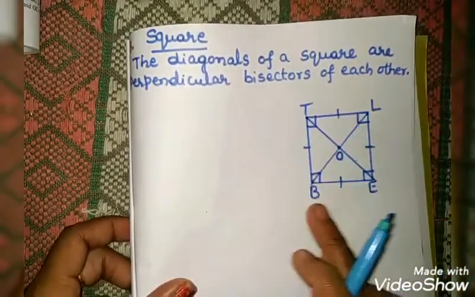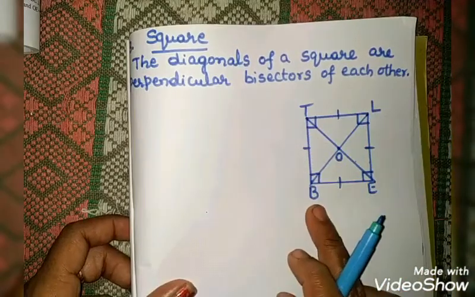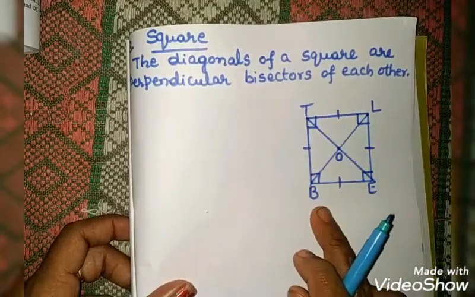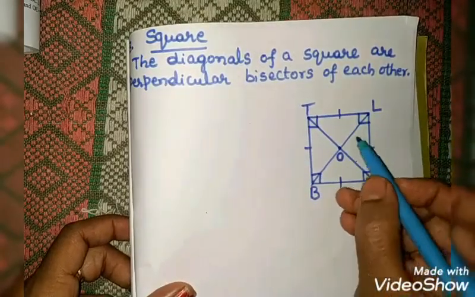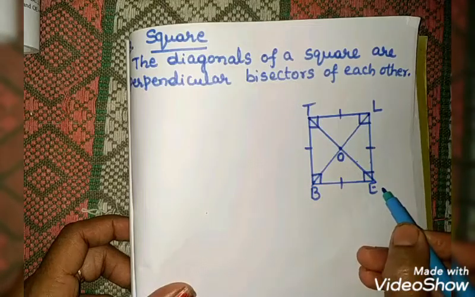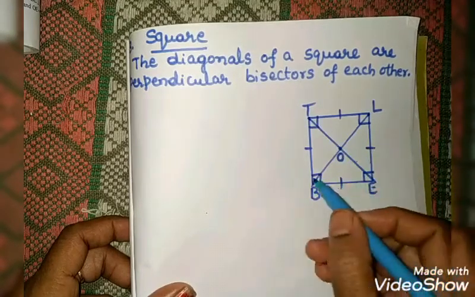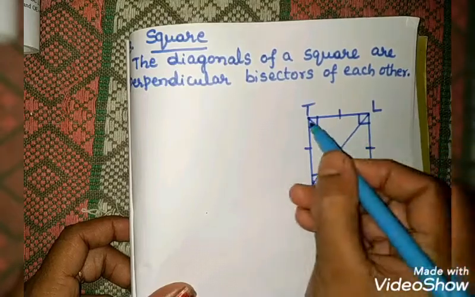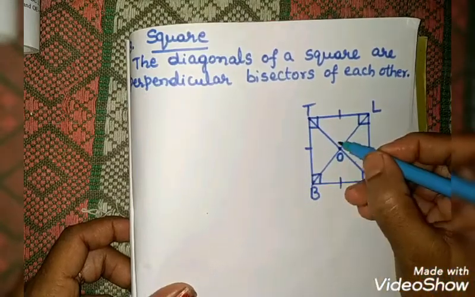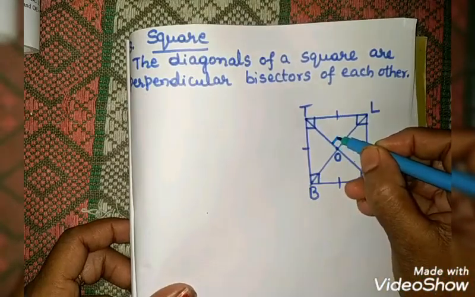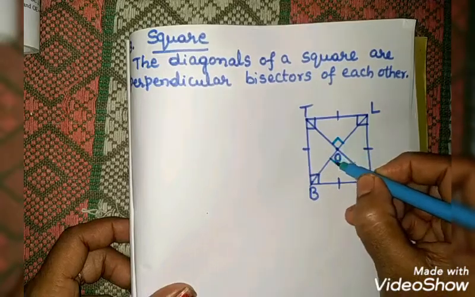Here in this square, BELT, observe children. Which are the diagonals here? ET is a diagonal, BL is a diagonal. When these two meet at O, they bisect each other perpendicularly.